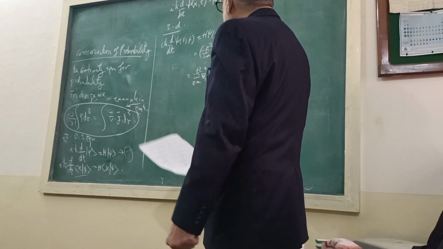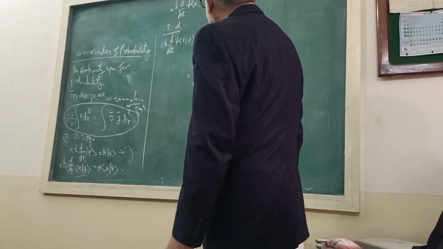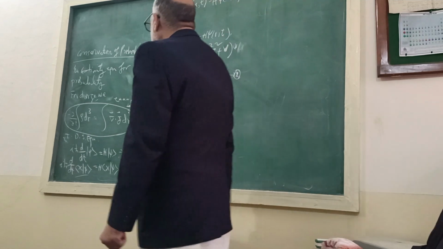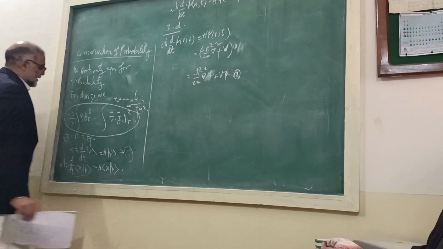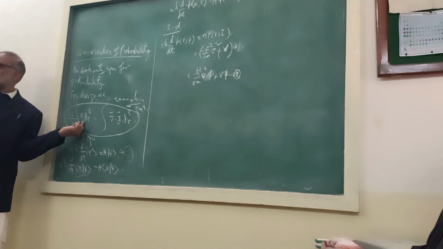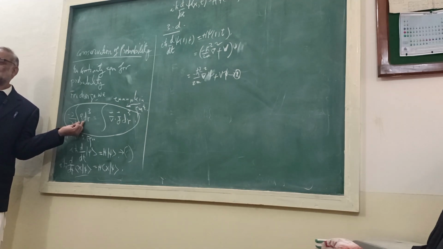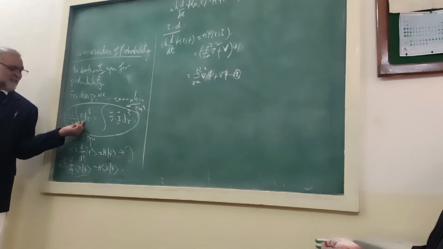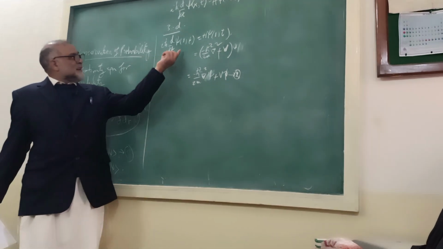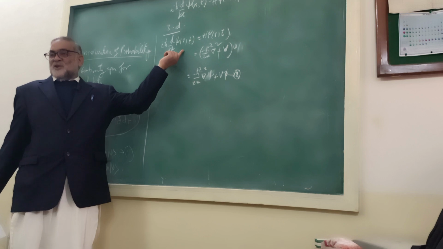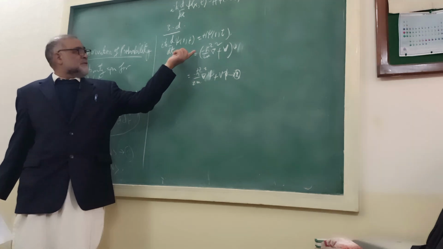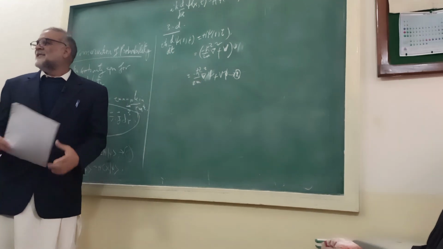Right? Now, we have to come toward the psi modulus squared, which should be like psi star. Therefore, we should make a star of it. So let us take the complex conjugate of this equation 2.